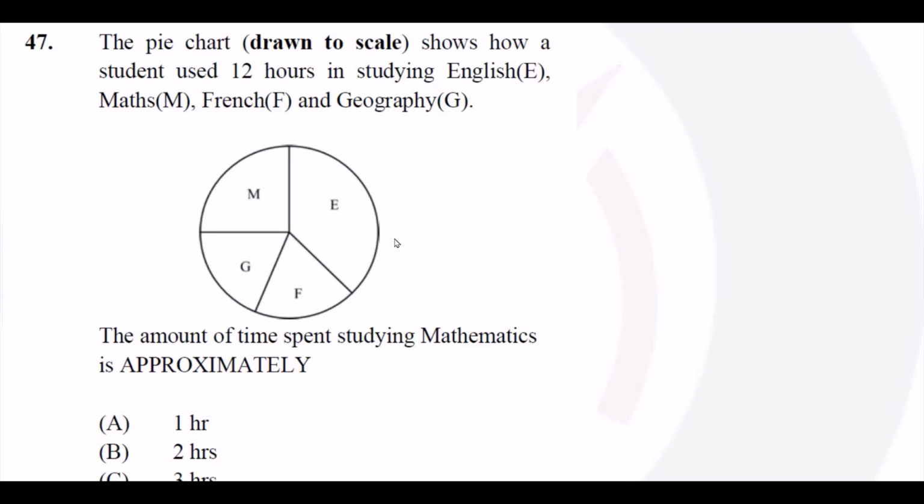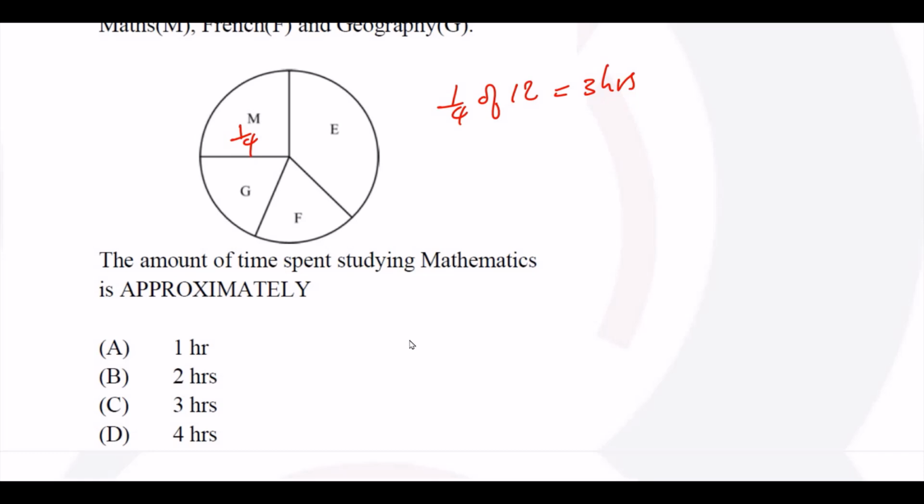So the amount of time spent studying mathematics is approximately a quarter of 12, which will give us 3 hours. So we look for the 3 hours, that's going to give us C. So it's approximately 3 hours.